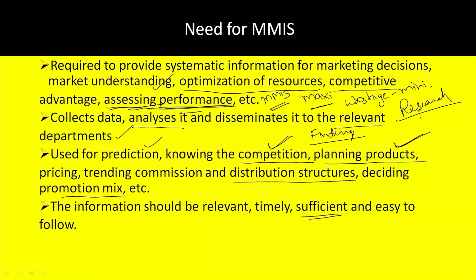So, it has to be relevant, and it has to be timely information. Late information is like not providing the information, okay. So, on time, sufficient information, whatever marketing managers need to take the decision, that has to be there, okay.